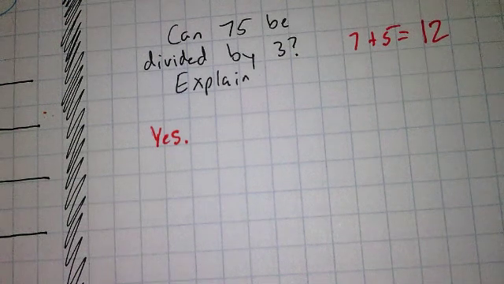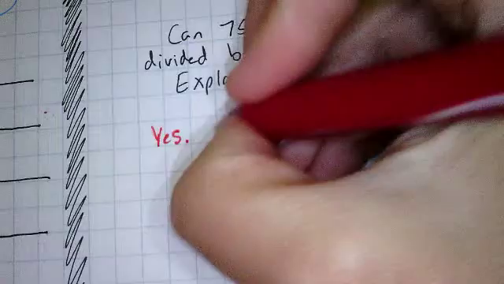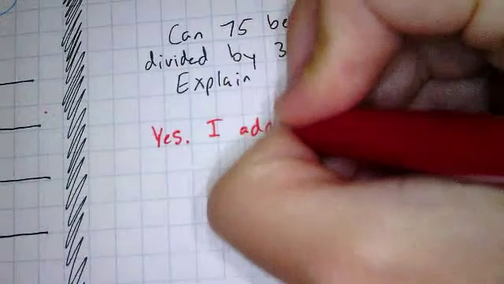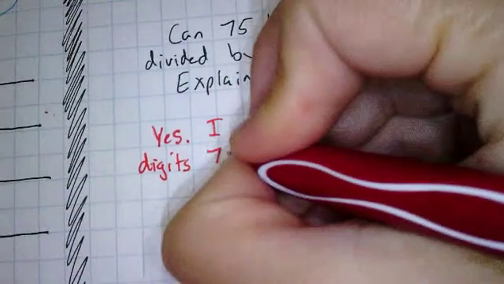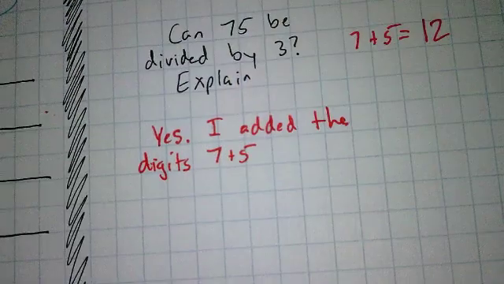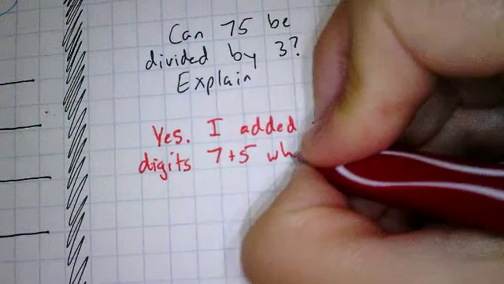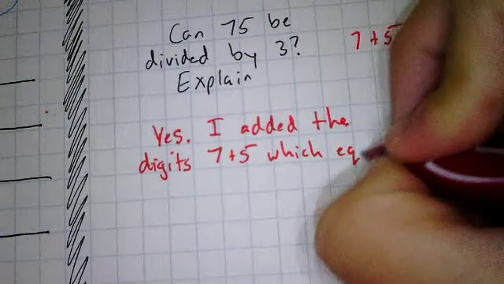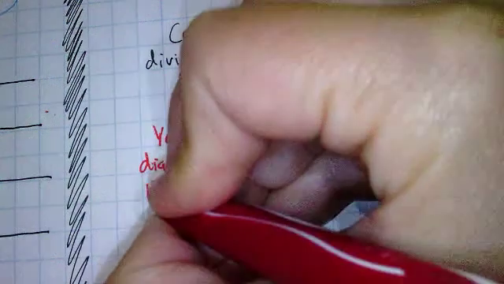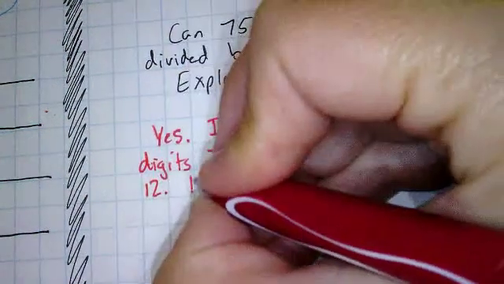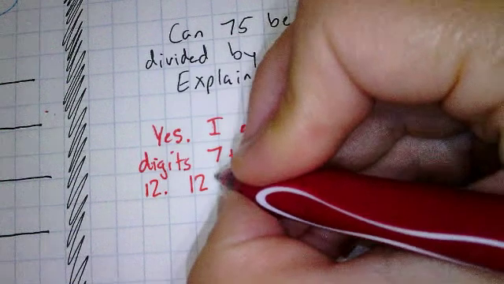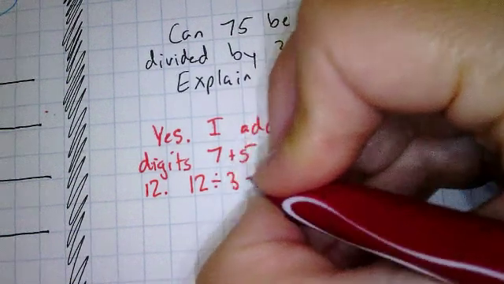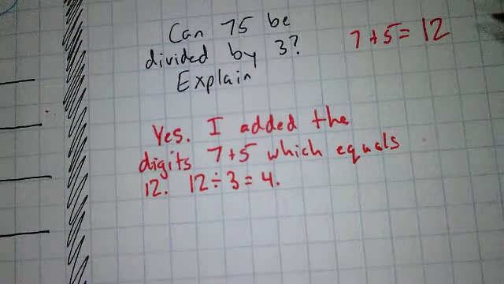Basically, I'm just going to write down what I did. I added the digits 7 plus 5, which equals 12. 12 divided by 3 equals 4.